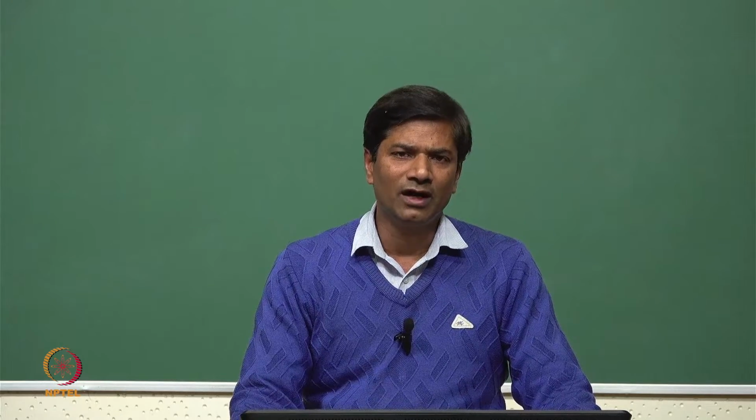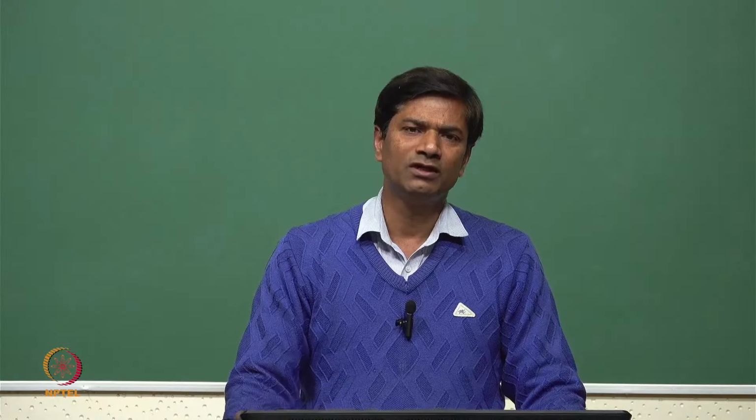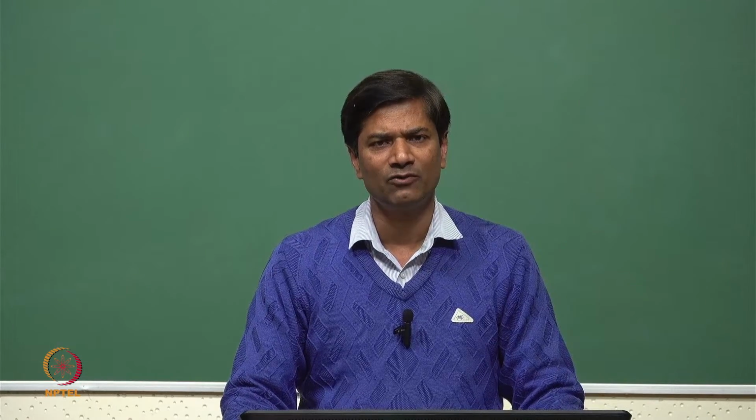For example, a specialist journal in the given subject area will have the most articles, followed by journals which publish a few articles related to that subject area, followed by those journals which only occasionally publish articles related to that area. Most of the journals will have no article related to that particular subject.